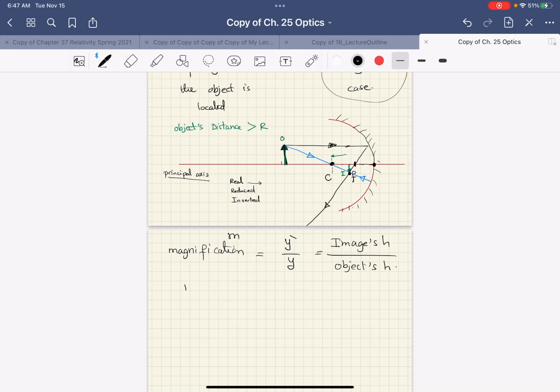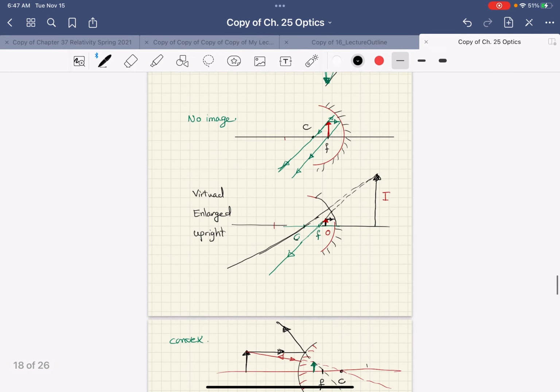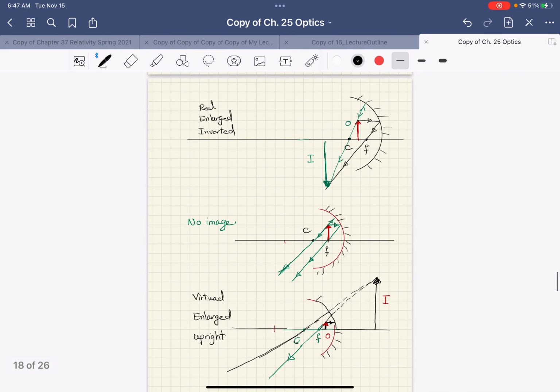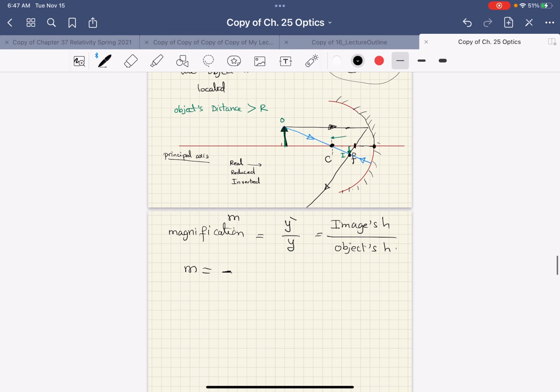Magnification can also be defined, using the same notation, as minus v, which is the image distance, divided by u, the object distance.